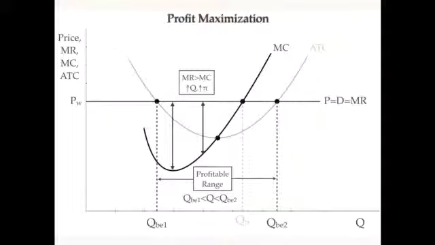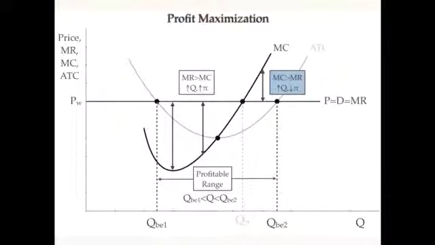We can illustrate the same point for output levels that are greater than Q pi. If we are producing output in this area in here, you can see that marginal cost is greater than marginal revenue. It's costing us more to produce that particular item than we're actually selling it for. So increasing output past Q pi actually is decreasing profits. So it's easy to understand from here.